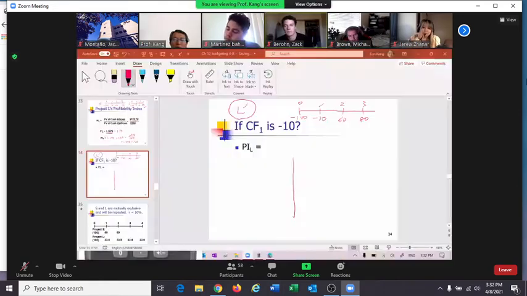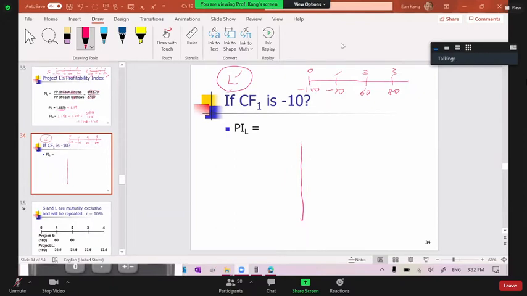So all you have to do is separate negative cash flow and positive cash flow, but don't use negative, okay? Negative cash flows are 100 and 10, and positive cash flows are 0, 0, and 60, 80, like this, right?